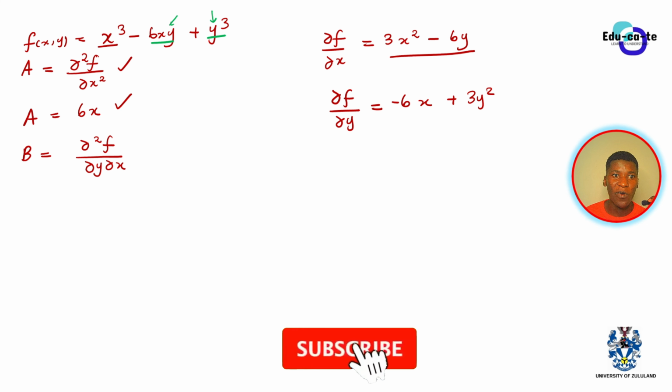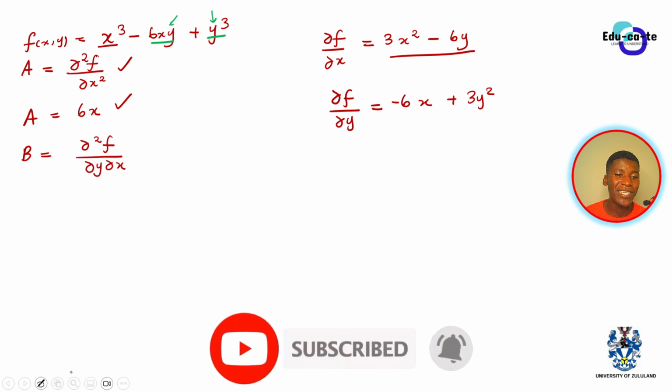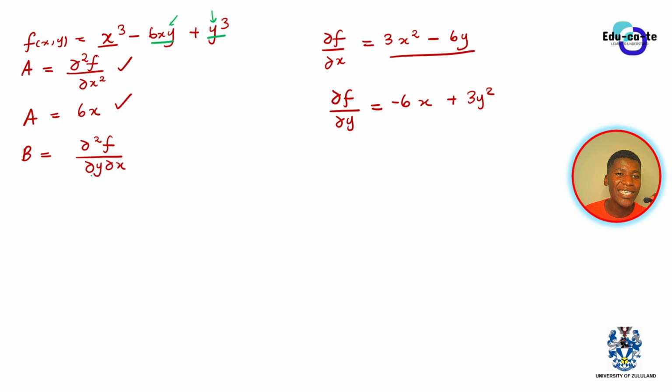It looks complicated, but it's very simple. Here you are going to take the partial derivative in terms of y, this one that we have here, and then differentiate it again, but with respect to x, so that you can find the value of b for your discriminant.